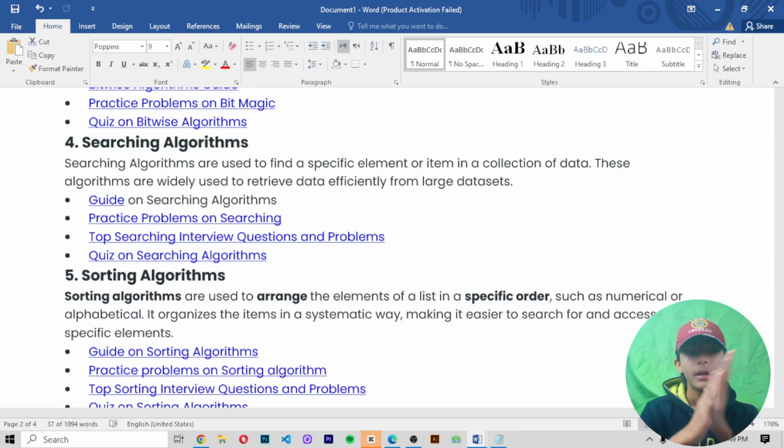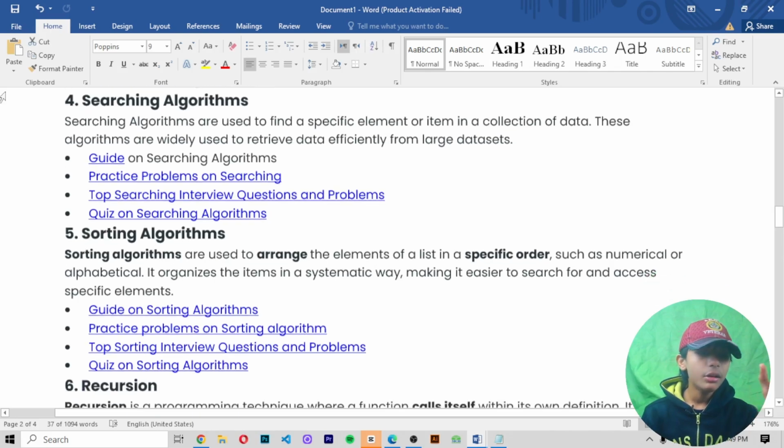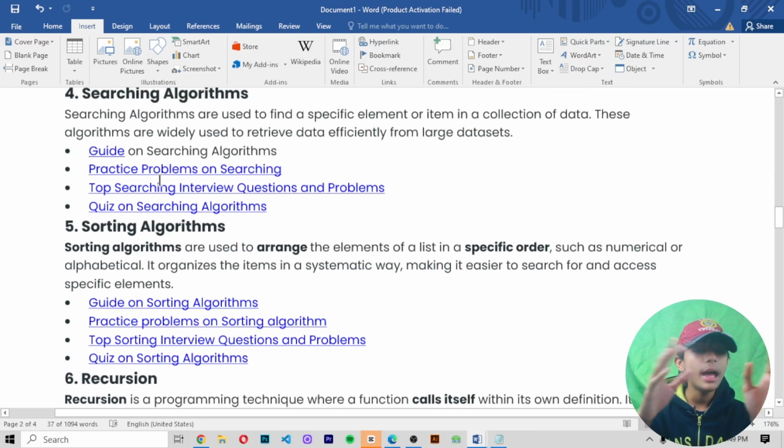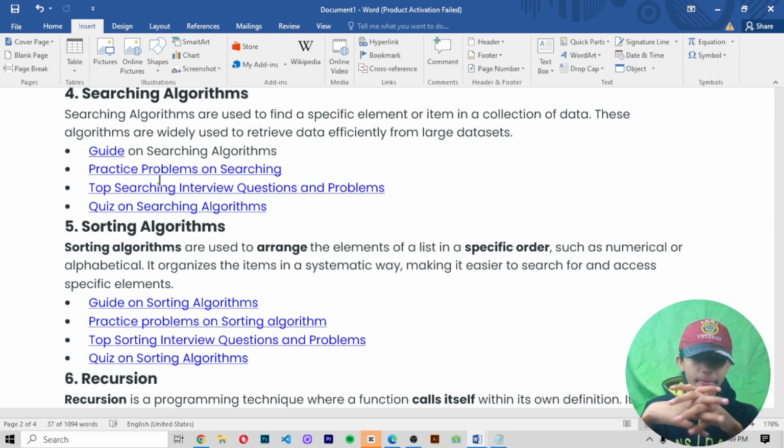Now number 5 is sorting algorithms. So what are sorting algorithms? Sorting algorithms are used to arrange the elements of a list in a specific order, such as numerical or alphabetical. Numerical means numbers, and alphabetical means A, B, C, D, E, F, G, like this.